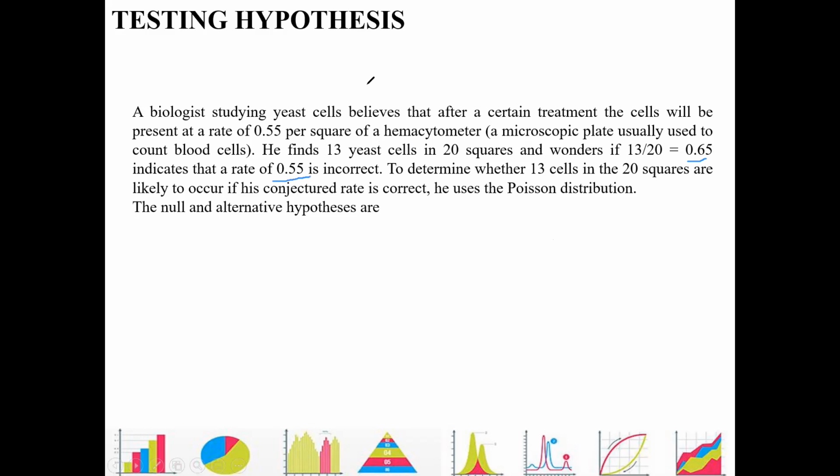Pero ang pinoprove niya is that it is only at the rate of 0.55 yung growth ng yeast cells. Okay. So here we are going to find kung tama yung kanyang assumption na 0.55 lang, not 0.65. So the null hypothesis, ano ang ating null hypothesis dito? Ano ang kanyang ipinoprove?